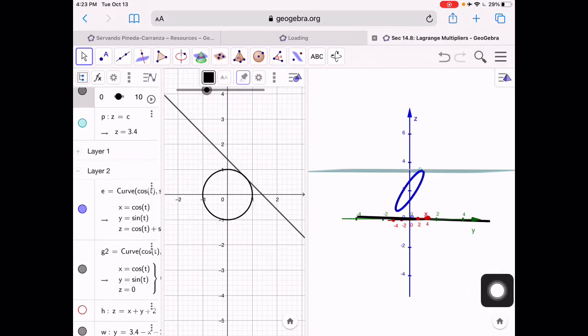And notice that that has to happen because if the level curve of your function doesn't intersect your level curve of your constraint function in a tangent way, then you should be able to raise the z value of the level curve of the function a little bit more.